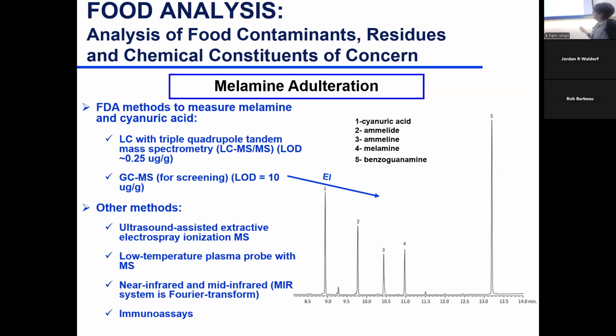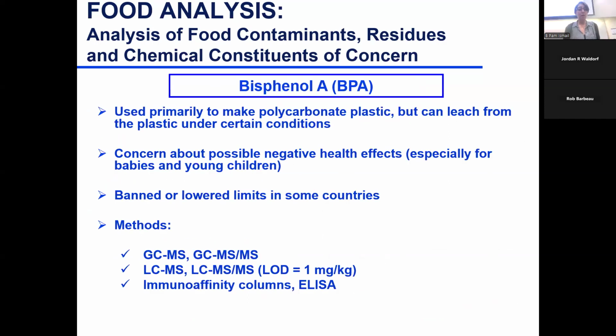Melamine is detected by HPLC-MS or GC-MS. So chromatography again and mass spectrometry. There are other methods for detection that people are trying to develop that are fast, like IR detection, for example, and immunoassays.